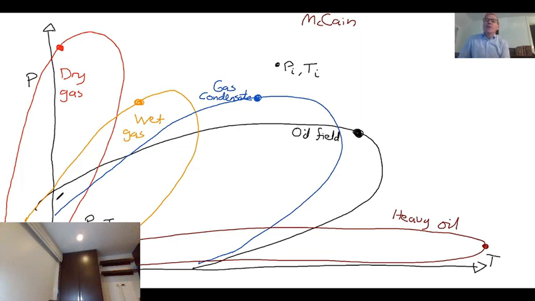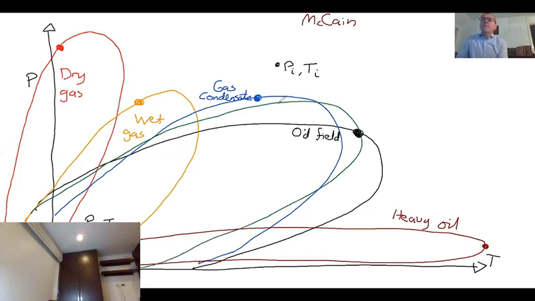interest. It's in green. Okay, imagine we have a field whose phase diagram is sort of like this, and where the critical point is very close to the initial conditions. Right. And we could even have another condition, which is sort of like this.